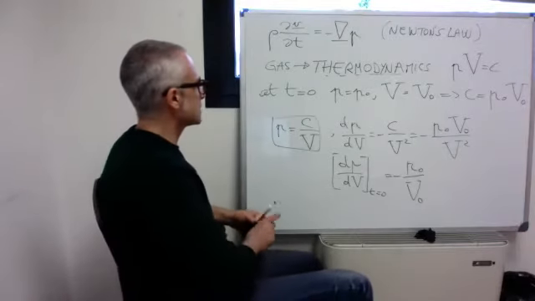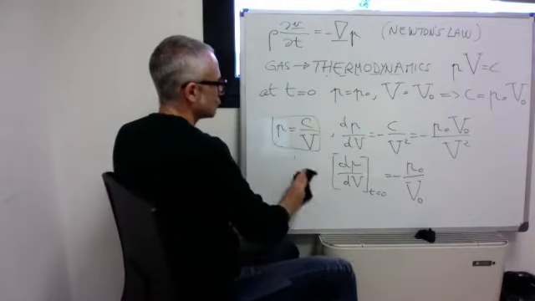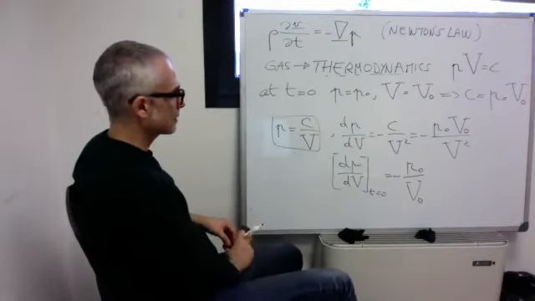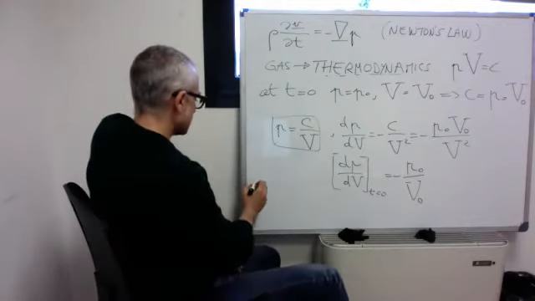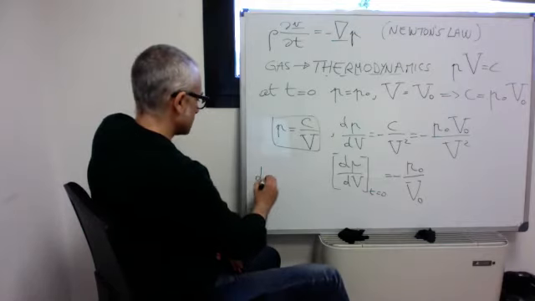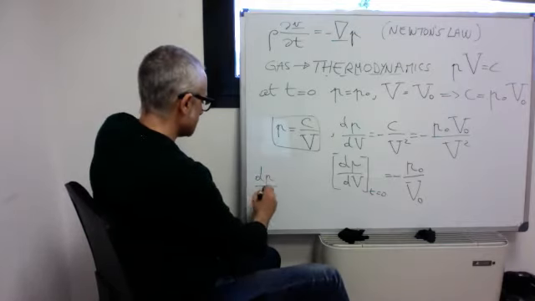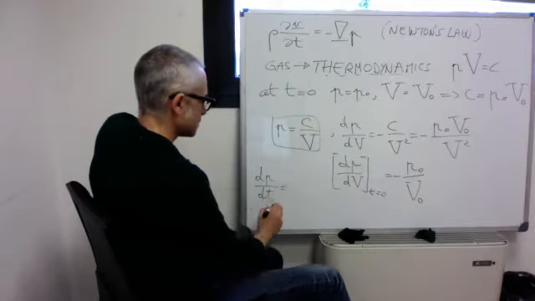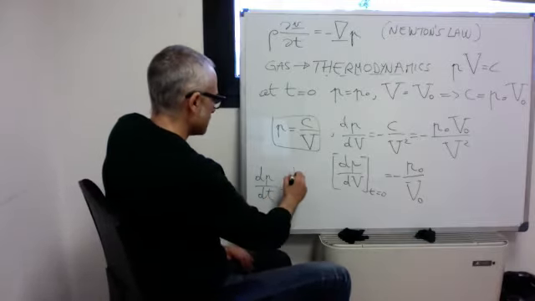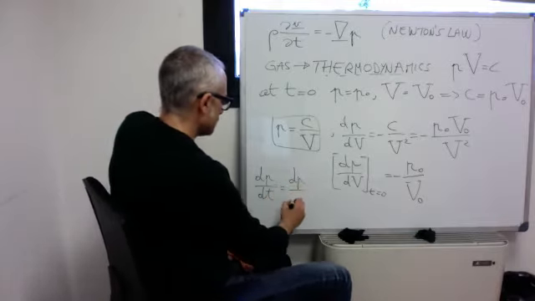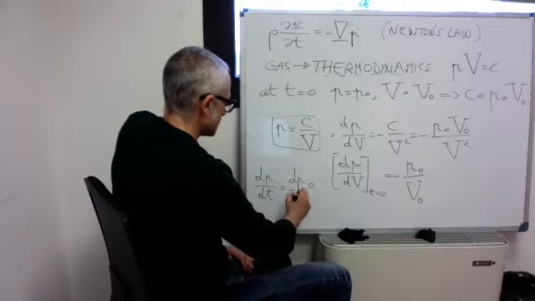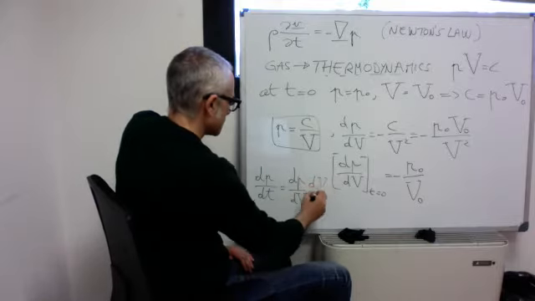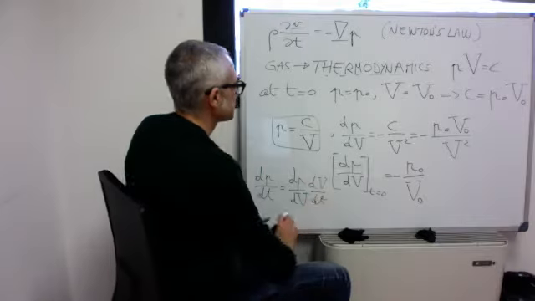It's useful to use the chain rule and to say that dP over dt is equal to dP over dV times dV over dt.